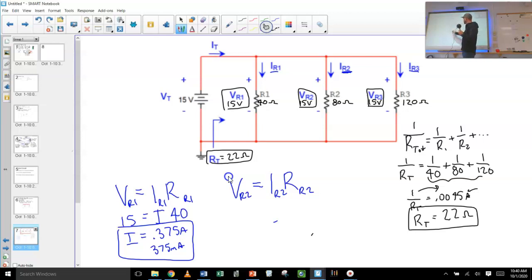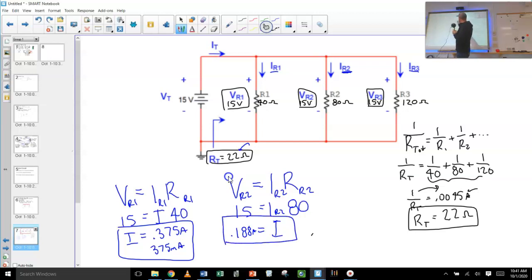And you'll notice that the 22 that I found before doesn't really get used in this. So the resistance of R2 is 80. The current through R2 is what I'm looking for. And the voltage is 15. So 15 divided by 80 is 0.188, or 188 milliamps.